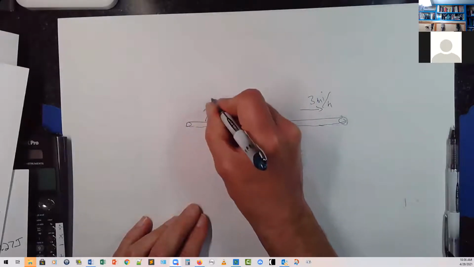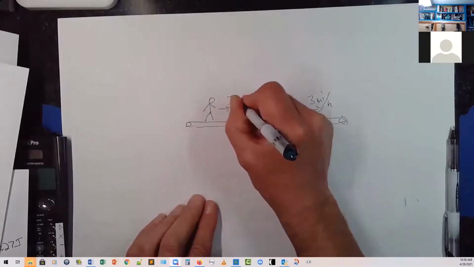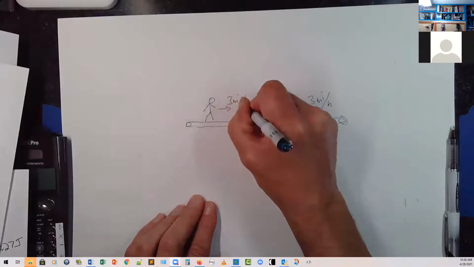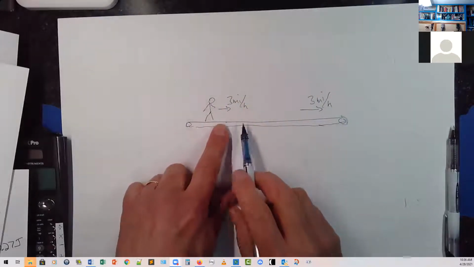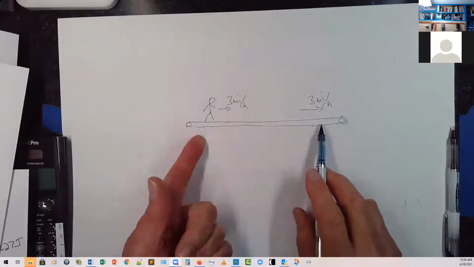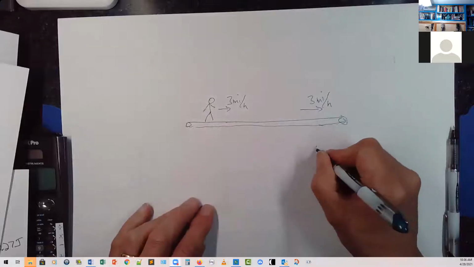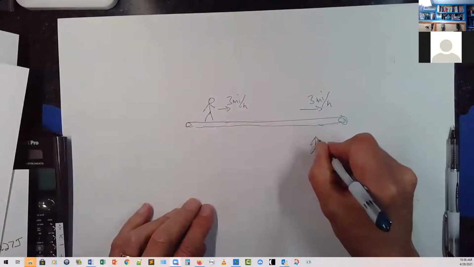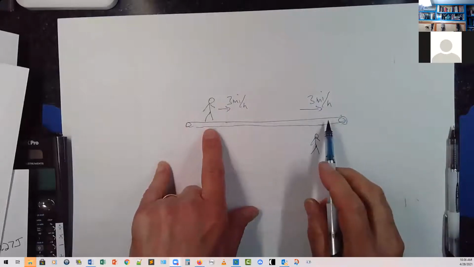And if you're walking at 3 miles per hour with respect to the thing that you're standing on, you would actually be going about 6 miles per hour relative to somebody who's standing over here on the side. So you'd get something like that going on.